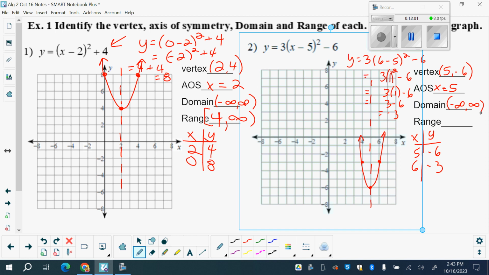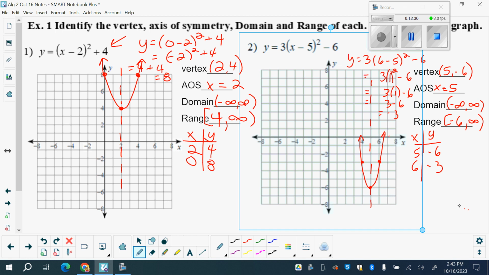These x values are going up, but at the same time they are going to the left, just slowly. And then to the right, they're going up, but at the same time they are going to the right. So what's my range on this one? David, what's my range? Good. So negative 6 is the low point, and then it goes up to infinity.